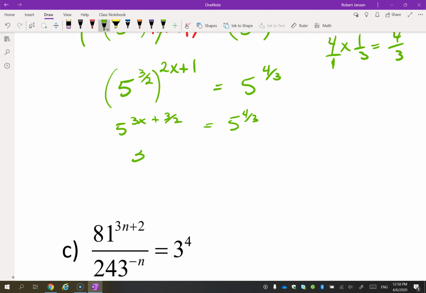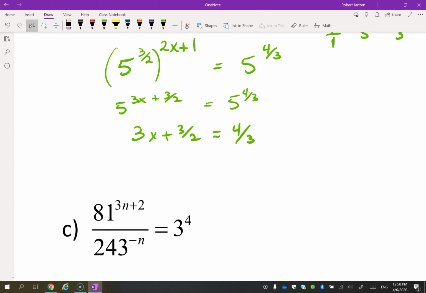Now you can make the powers equal. Alright, how do you do this? Well, let's take away 3 halves from both sides. So you get 3x is, what is 4/3 take away 3 halves? Well, let's make common denominators here. 8/6 take away 9/6.